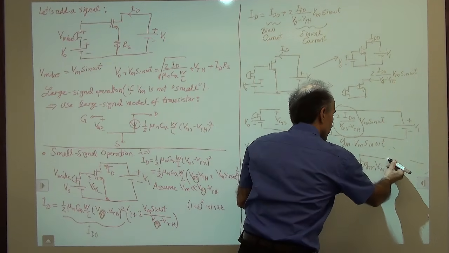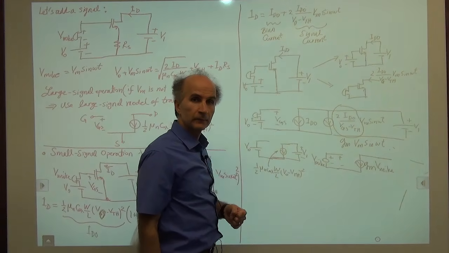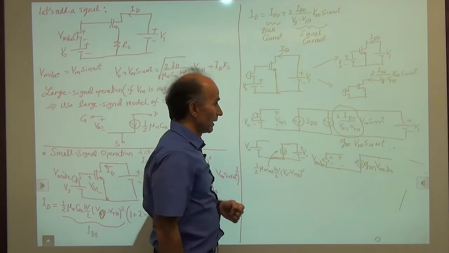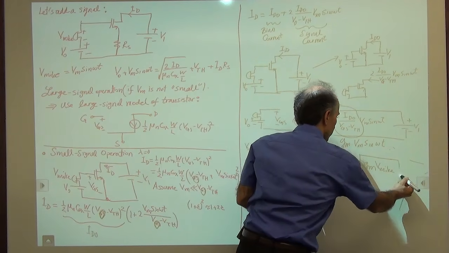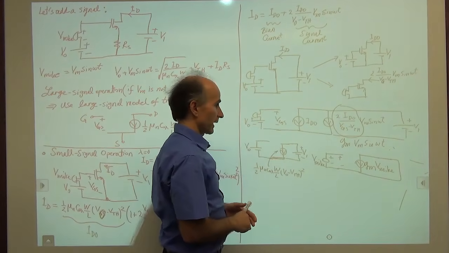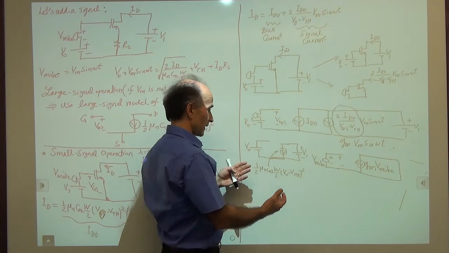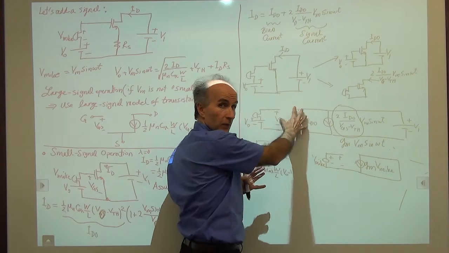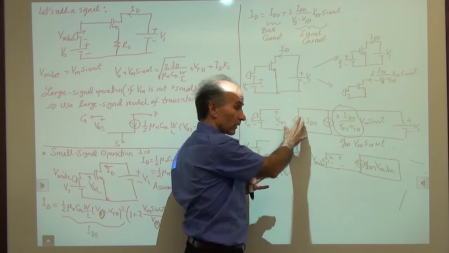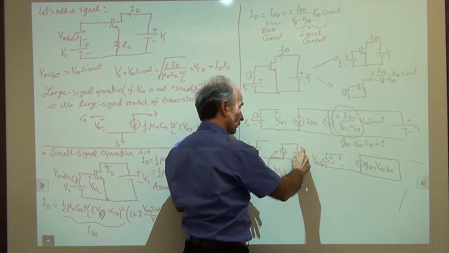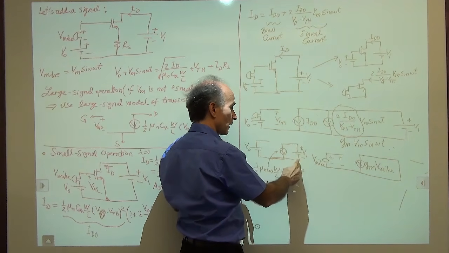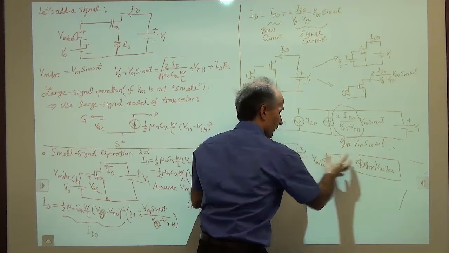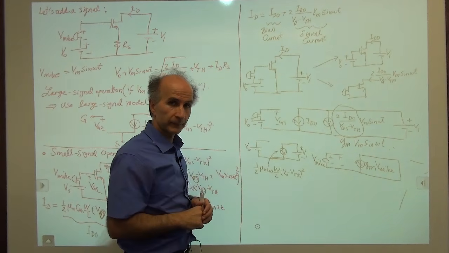And then what happens to this point here? Well, this point comes back here because I am using superposition. I'm saying that this circuit plus this circuit should give me this circuit, right? So if I have a voltage of V1 between drain and source, I have to have it only in one of these two models. I cannot have it in both models.